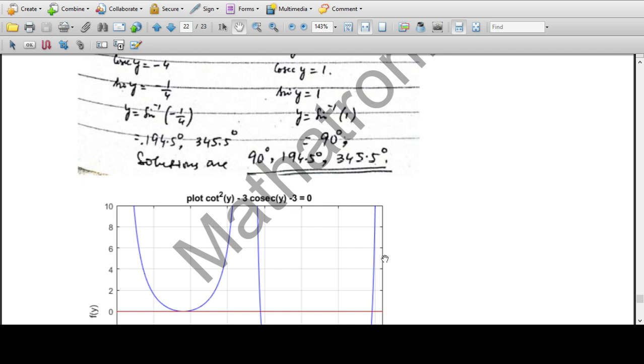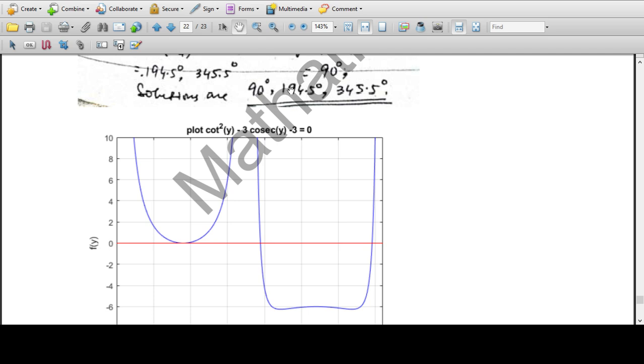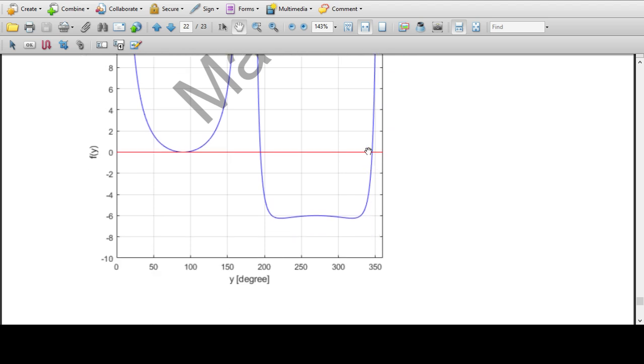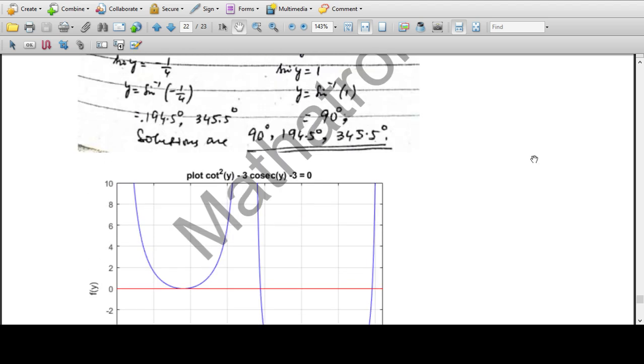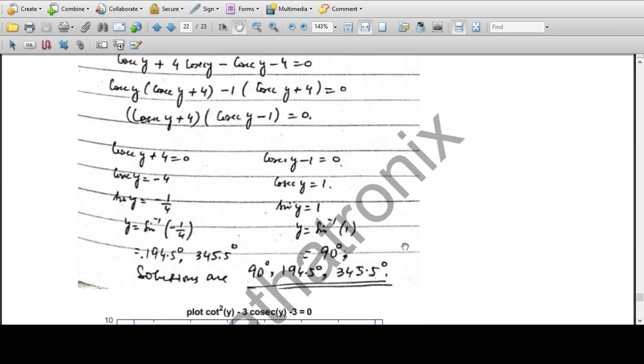So the intersecting points are the solutions. So this is 90 degrees, and 194.5 degrees, and 345.5 degrees. So three solutions can be seen, and we have to solve an exam up till here.